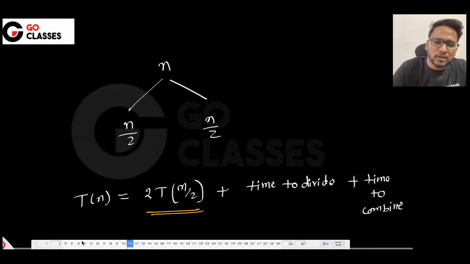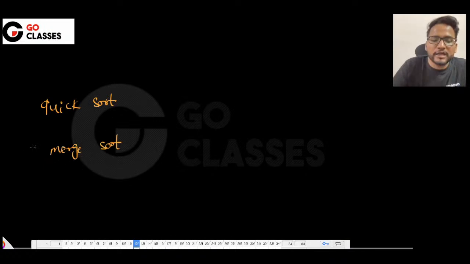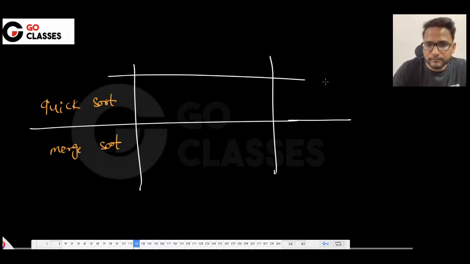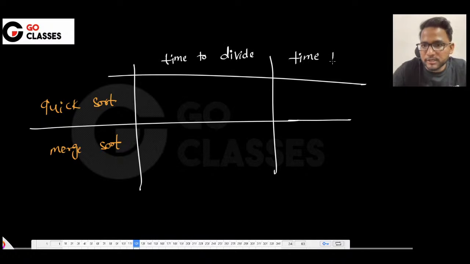Since we are particularly dealing with quick sort and merge sort in this video, here I will talk about the time to divide and the time to combine. Let me write the time to divide and time to combine in quick sort, and similarly in merge sort.